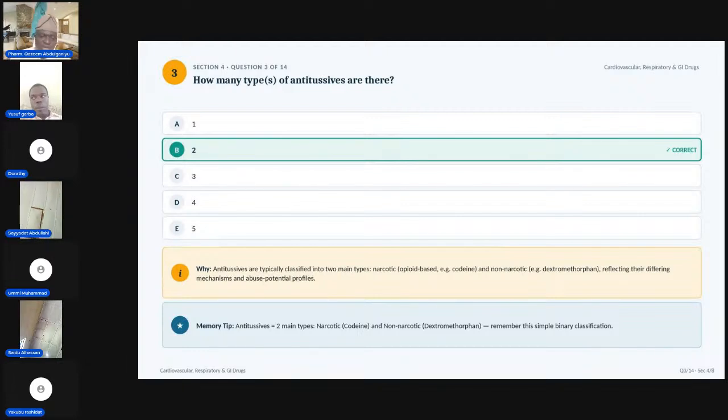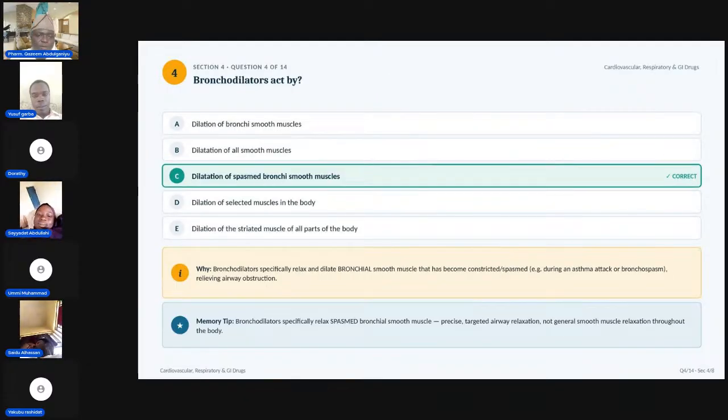I don't want to mention any one of them. So there are just two types. Or we can term it as narcotic antitussive or non-narcotic antitussive, as the case may be. Can I proceed?